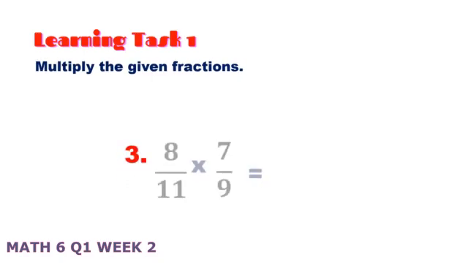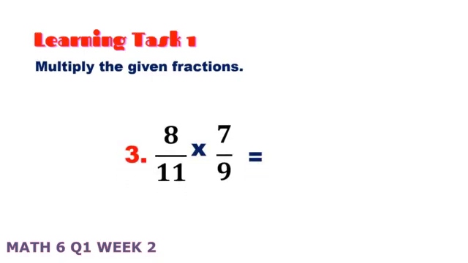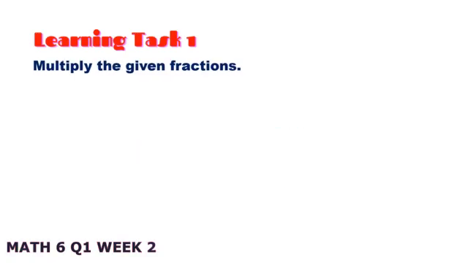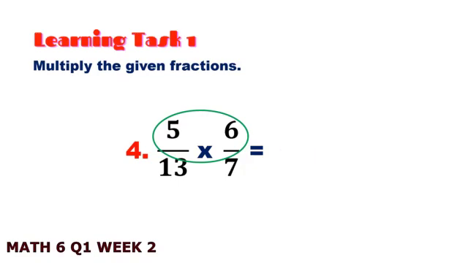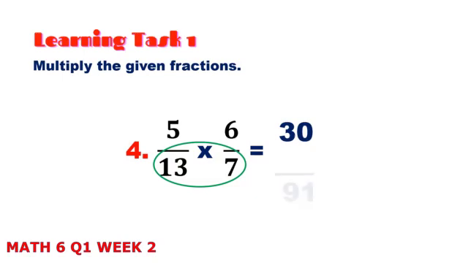Number 3. 8/11 times 7/9. 8 times 7 equals 56. 11 times 9 equals 99. Number 4. 5/13 times 6/7. 5 times 6 equals 30. 13 times 7 equals 91.